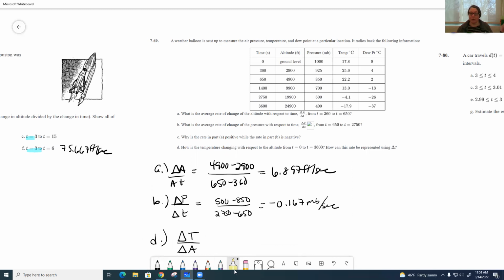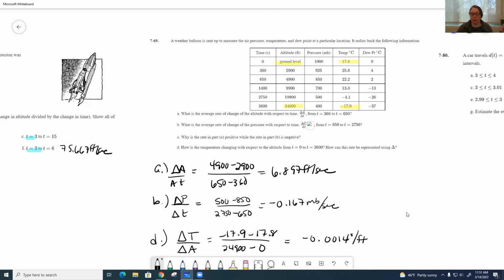And it's when time is 0 to 3,600. Okay, so here I would have the negative 17.9 degrees Celsius minus 17.8 over the altitude here. So 24,900 minus ground level, which would be 0. And so I get a very, very small change in temperature per foot.